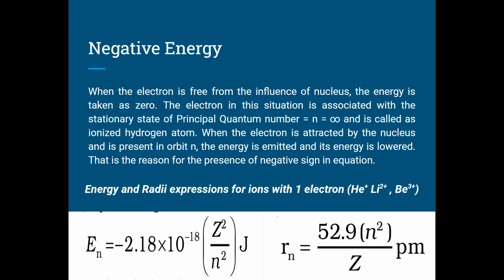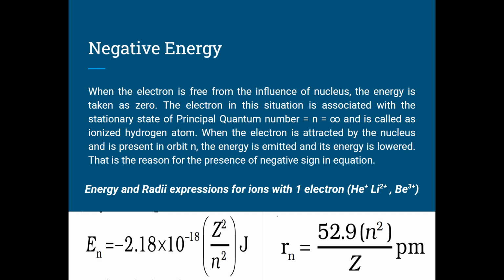Now when the attraction is there, the electron will come towards the nucleus. It will feel some attraction and come to the lower levels, and this can only happen if it radiates or gives off energy. Already the energy was zero, and now it is giving off energy too, so the energy comes to be negative. This is why the energy is negative.